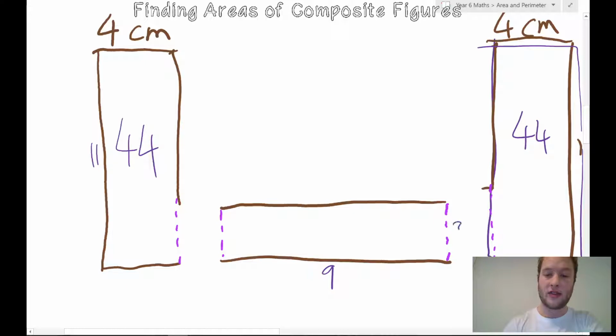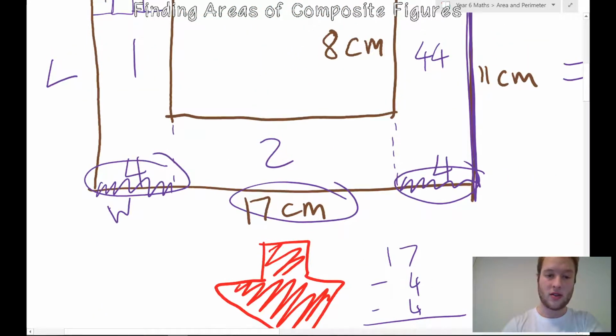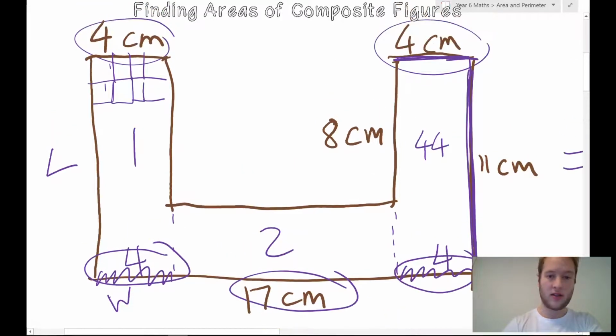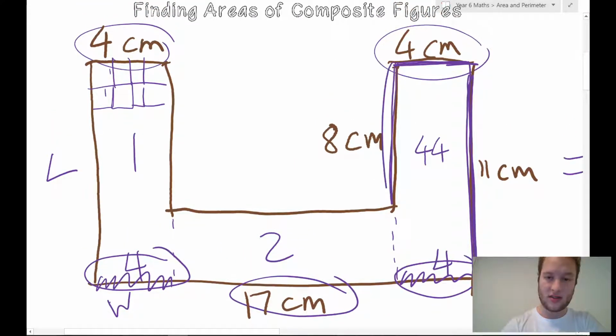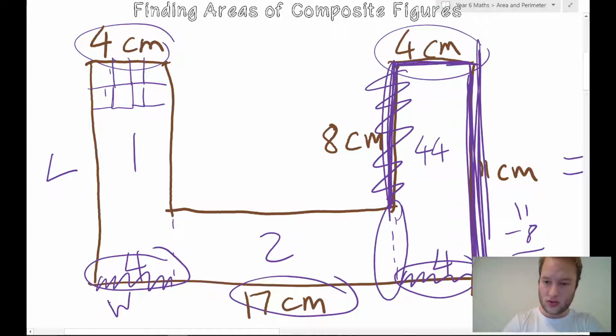And then what is this little line here? Let's go to our original picture again. We can see that this line here is 8, and then the big line here is 11. So if I just do 11 take away 8, it's removing this line, just giving us the leftovers. 11 take away 8 should be 3.